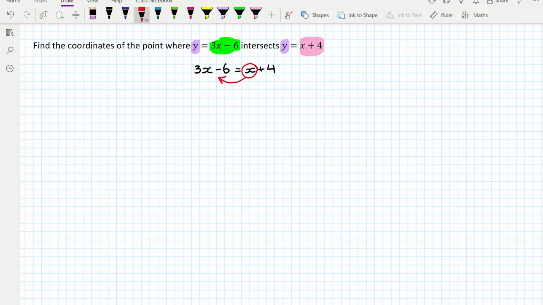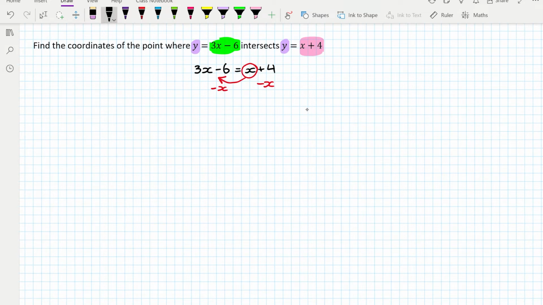We can say we're subtracting x from both sides. I'm going to minus x and minus x. I subtract because this x is positive, and in order to get rid of it, I need to do the opposite. Currently it's a plus x, so if I subtract x, x minus x is 0, so that would cancel it out from that side and bring it over here.